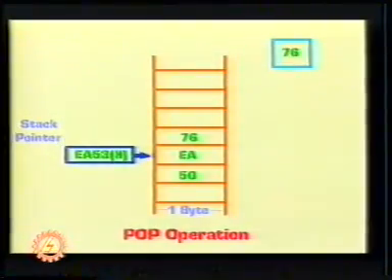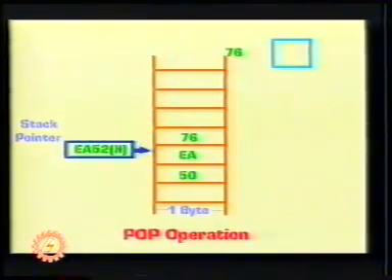Now, content of stack pointer becomes EF53, and stack pointer points to the data EA. We have learned the pop and push operation of LIFO stack as implemented in computers. Also, we noticed that the width of the stack pointer is equal to the width of the address bus.